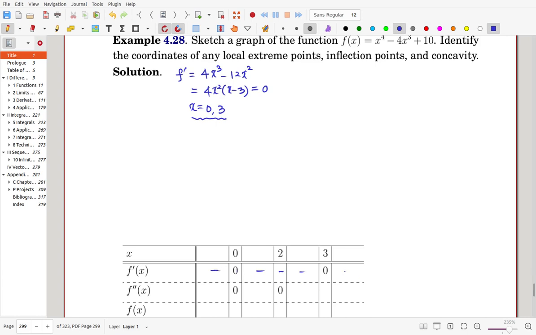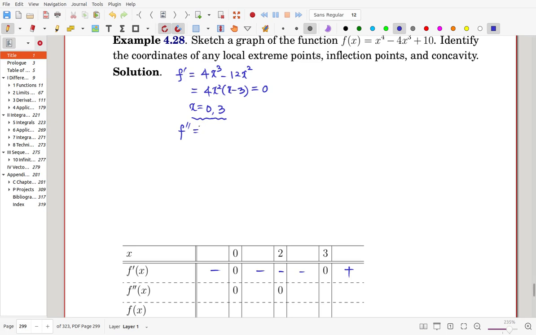And if x is larger than 3, then f prime is positive. Anyway, at 0 and 3 it can have local extrema. Later on, we can specify after computing more around the inflection points.